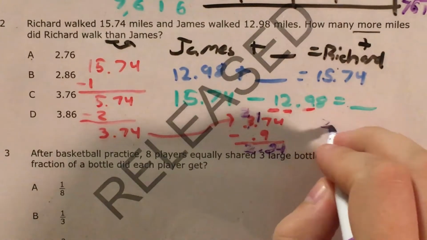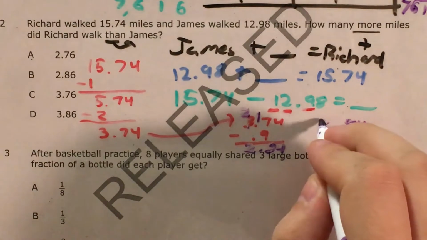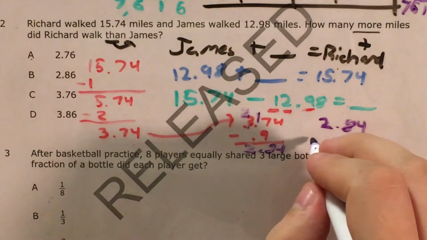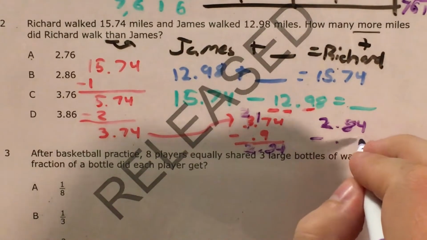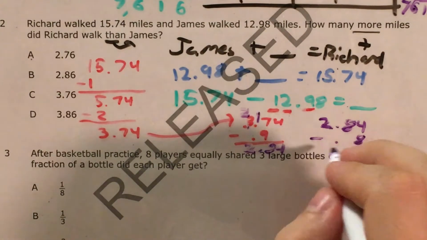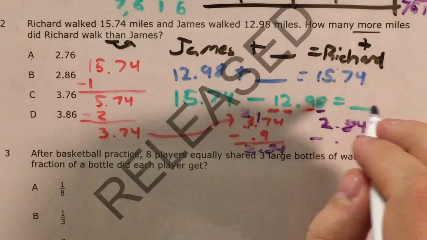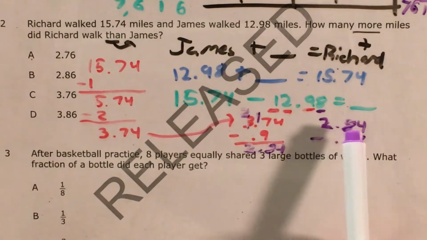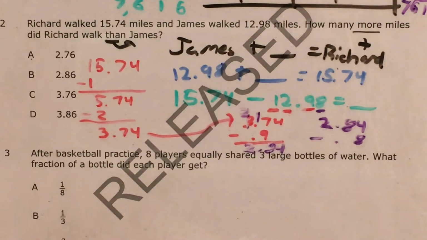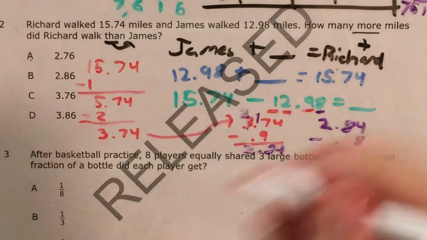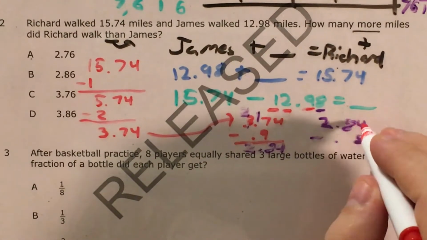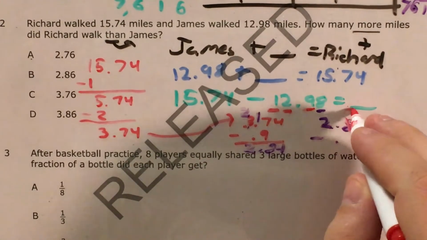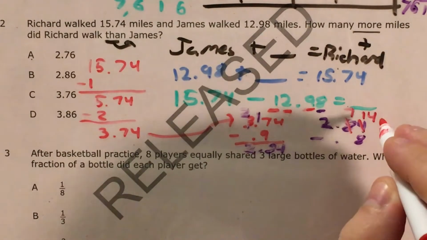Now all I need to do is figure out what this is minus my 8 hundredths, my last digit of the number that I need to subtract. And so now I'm just looking at 84 hundredths minus 8 hundredths. I can also think of this as 8 tenths and 4 hundredths and rearrange it as 7 tenths and 14 hundredths.